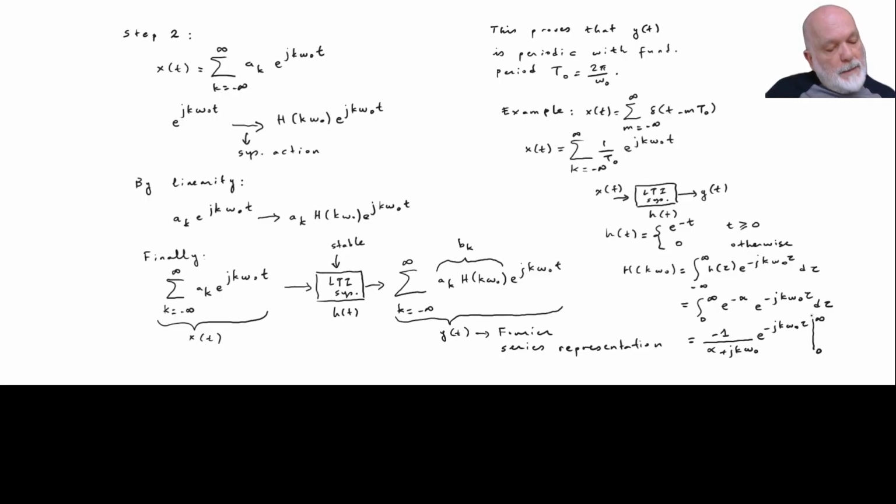Now we have also here e to minus alpha tau in the integrand. Okay, we have this integral. Now because of this exponential decay at infinity we will have 0, and therefore the result will be 1 over alpha plus j k omega 0.